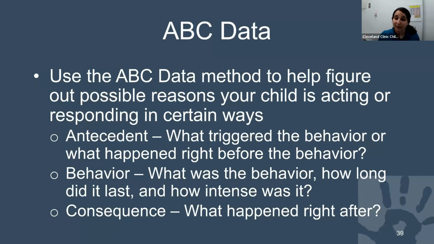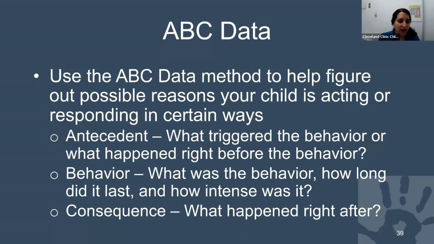But one thing that is very important to know in order to help your child is to first figure out, well, why are they acting that way? What happened? There is a concept called ABC data, where you look at what was the A, for antecedent: what happened before the kiddo did that action.